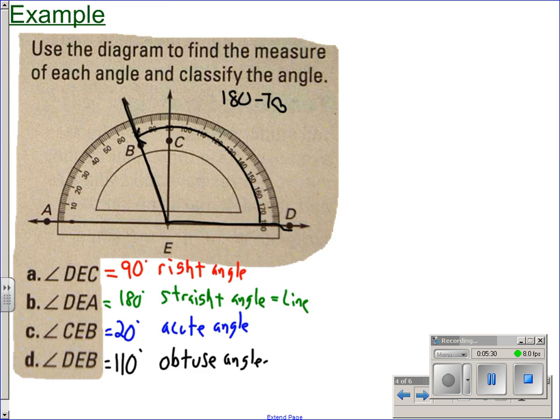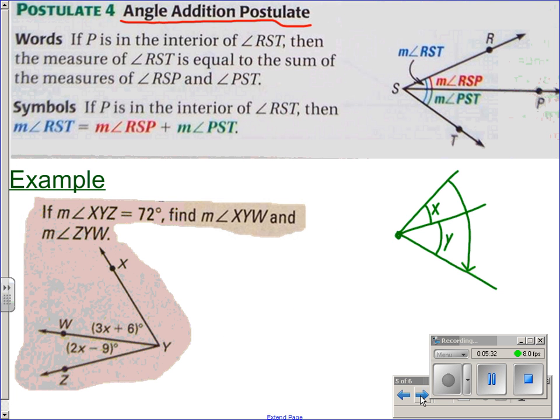Move on to the next example. Down here, just got done talking about angle addition postulate. So we'll use that. This picture was part of the notes, so we can get rid of this. All right, you are told angle XYZ, that is the entire angle, equals 72 degrees.